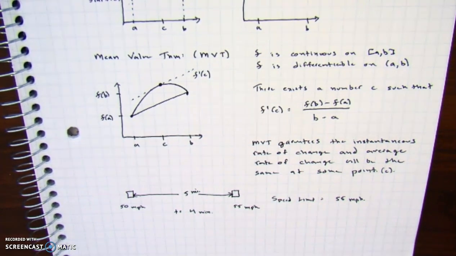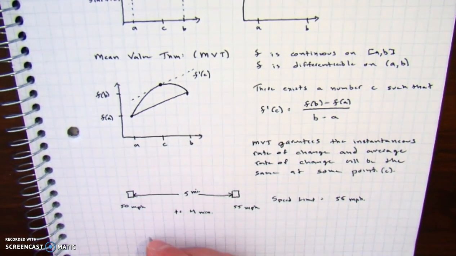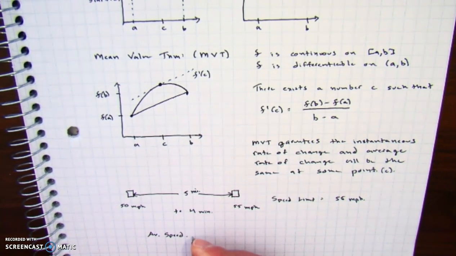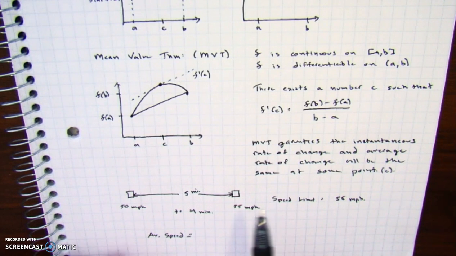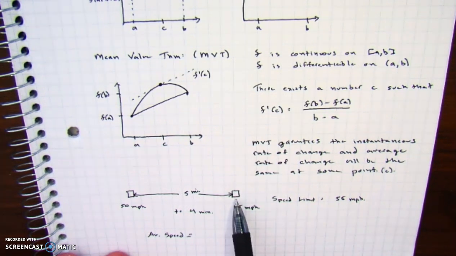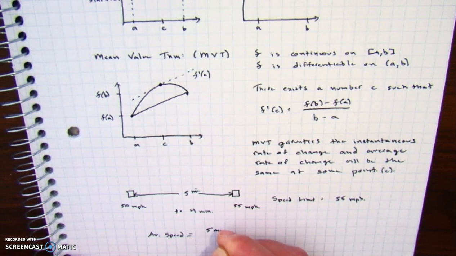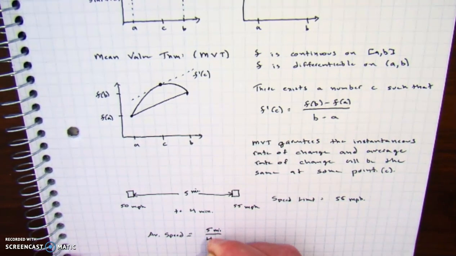Well, the police officer is pretty astute. He took his calculus class, and he said, how long would the average speed be to go 5 miles in 4 minutes? Well, that's 5 miles in 4 minutes. Let's convert that, because miles to minutes, who knows that?